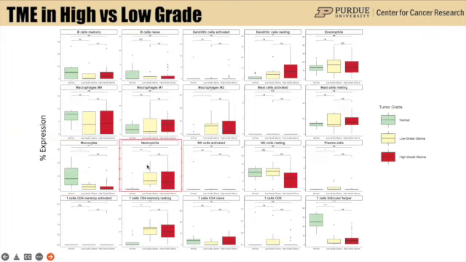We are also seeing high proportions of neutrophils in both low and high grade gliomas, and this mirrors what is seen in human glioma patients, that you tend to have much higher numbers of neutrophils, and these have actually been shown to play a pro-tumorigenic role in gliomas and enhance the glioma stem cell pool.